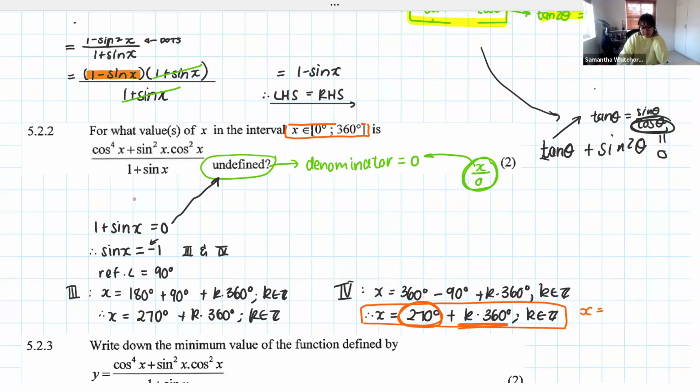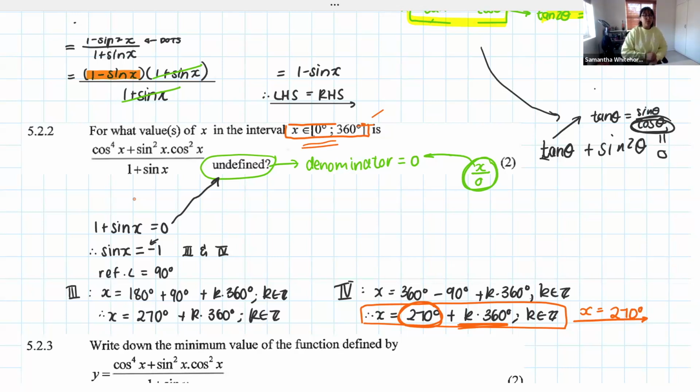Now, in this case, if I said 270 plus 360, I'm getting 630, which is way outside my range of 0 to 360. So I can ignore that. If I said 270 minus 360, I get negative 90, also not in the range. I want from 0 to 360. So actually the only solution that is valid here is 270 degrees.